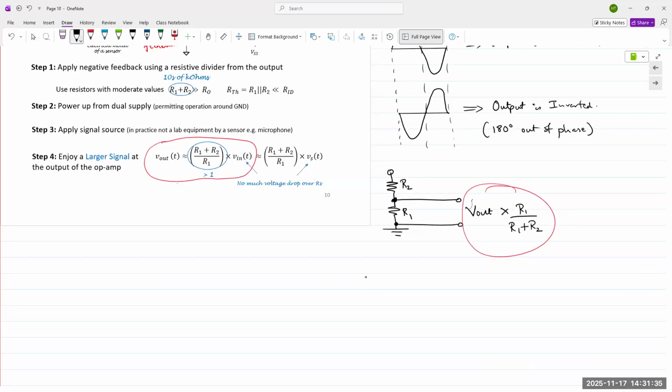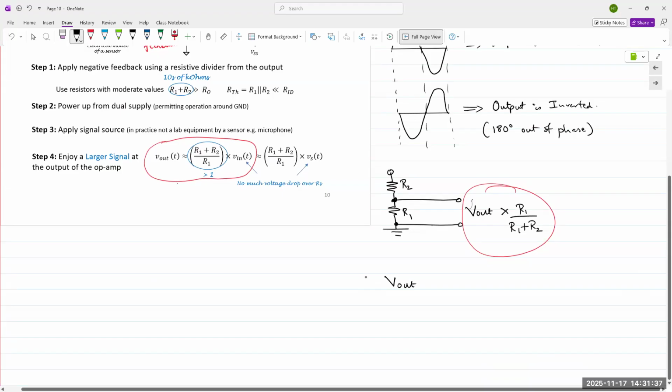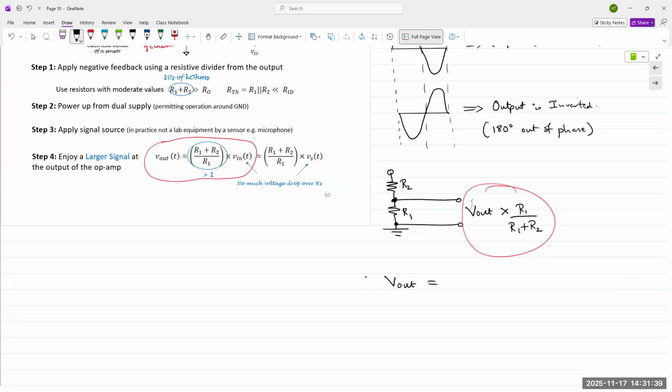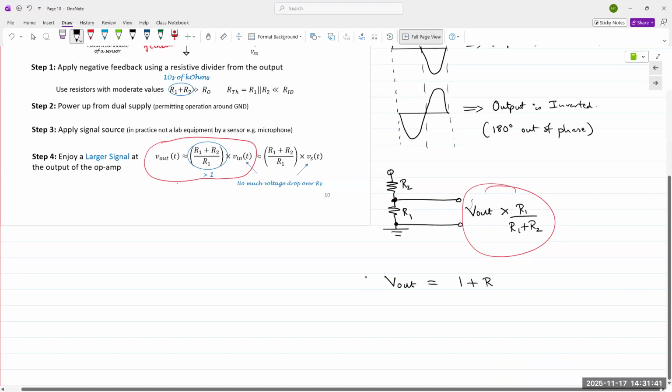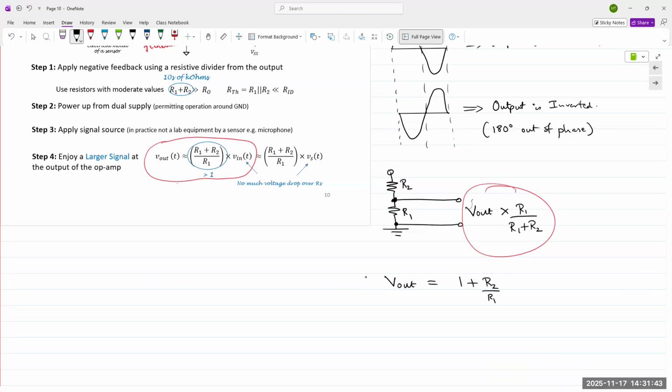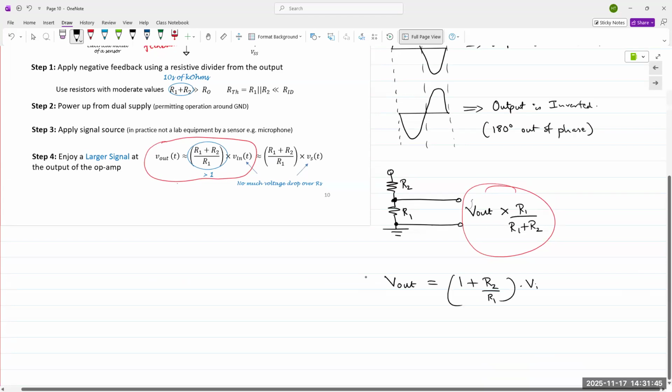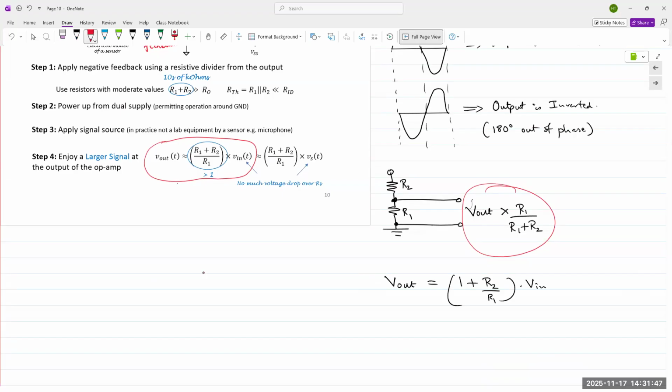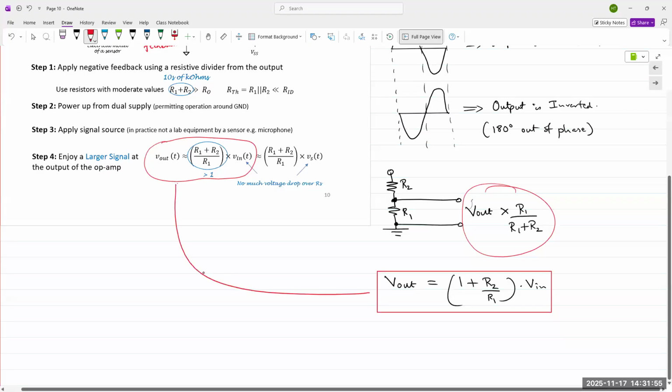A more common form for V out is 1 plus R2 over R1 times V in. So if you're reading up from different sources like a textbook or online resources, this is the more common form.